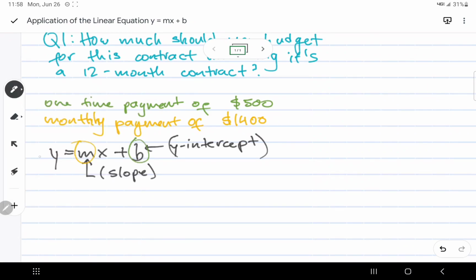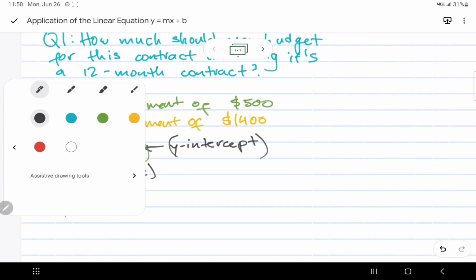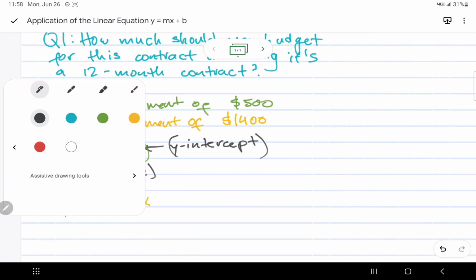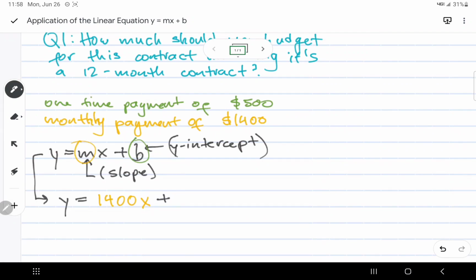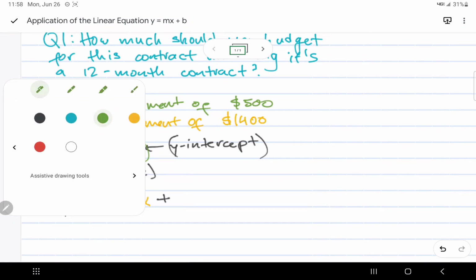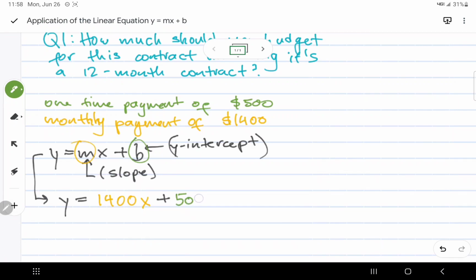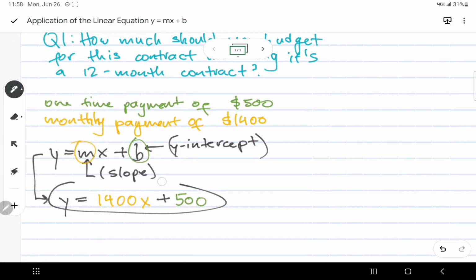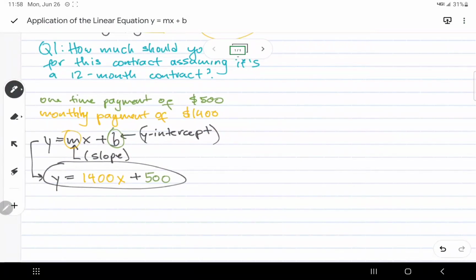So we will write this equation down again. y equals our monthly payment is $1,400x plus b, which is the one-time payment of $500, plus $500. And that is the equation. That is the only equation we need for this.